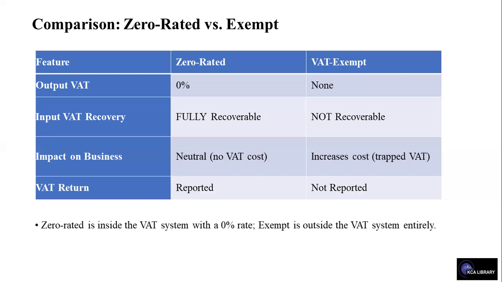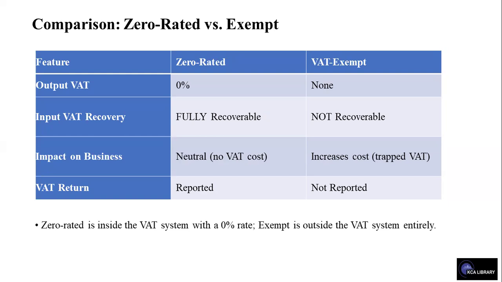We have a comparison. For zero-rated, the output VAT is 0%, while for VAT-exempt it is none. For input VAT recovery, under zero-rated it is fully recoverable, and for VAT-exempt it is not recoverable.